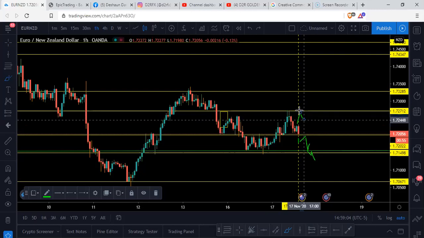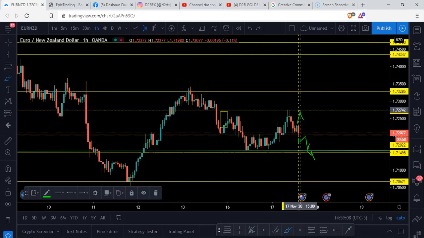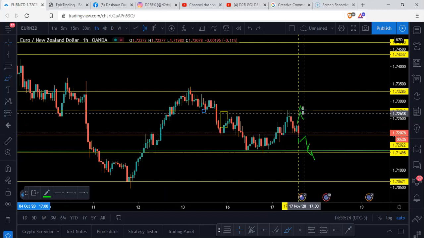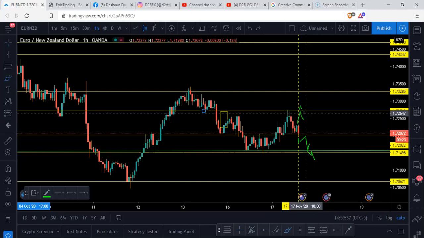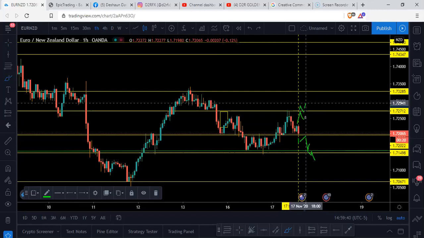Or it's gonna respect, or it's gonna break through here, retest that, and go back up. Boom, that's it, man. Euro NZD.